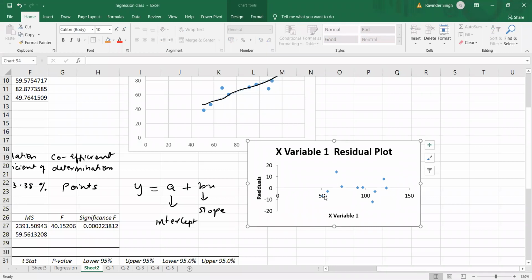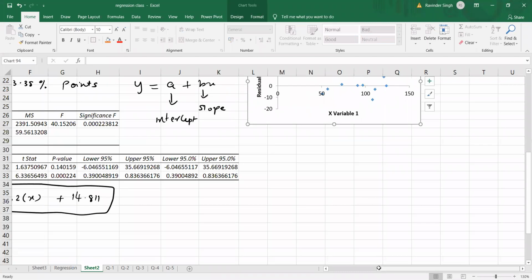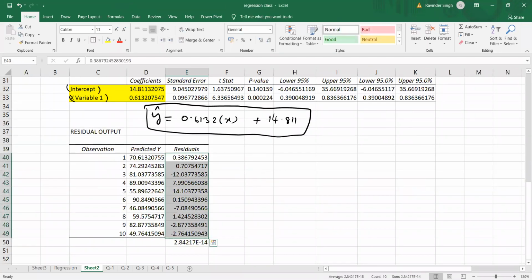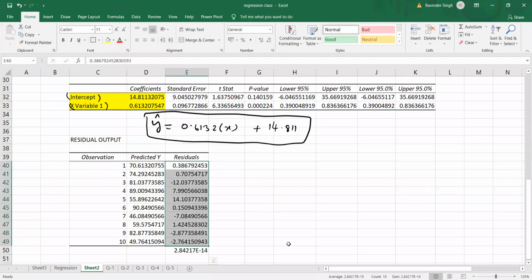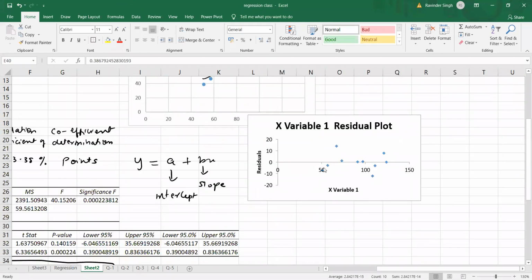But still it is a very good fit because the majority of the points lie on 0. When you add all the residuals, as I showed you here, the sum should be very close to 0. It is not exactly 0, but at least close to 0. So this is the residual plot, with negative residuals and positive residuals over here.